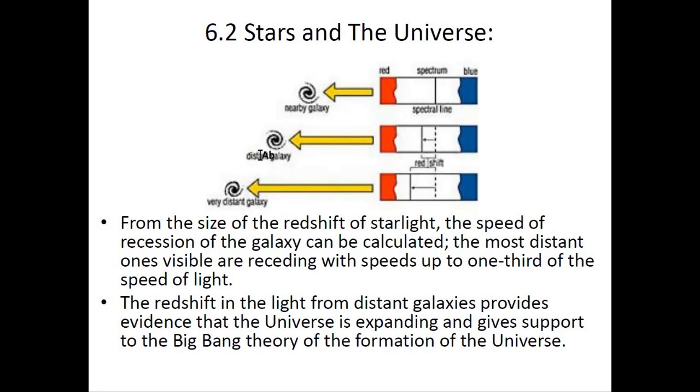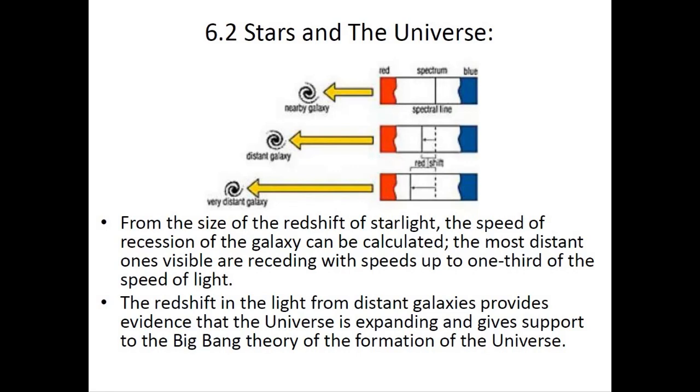If a galaxy or a star is very distant, then there would be a much larger redshift towards the infrared side. From the size of the redshift of a starlight, the speed of recession of the galaxy can also be calculated. The most distant ones visible are receding with speeds up to 1/3 of the speed of light.